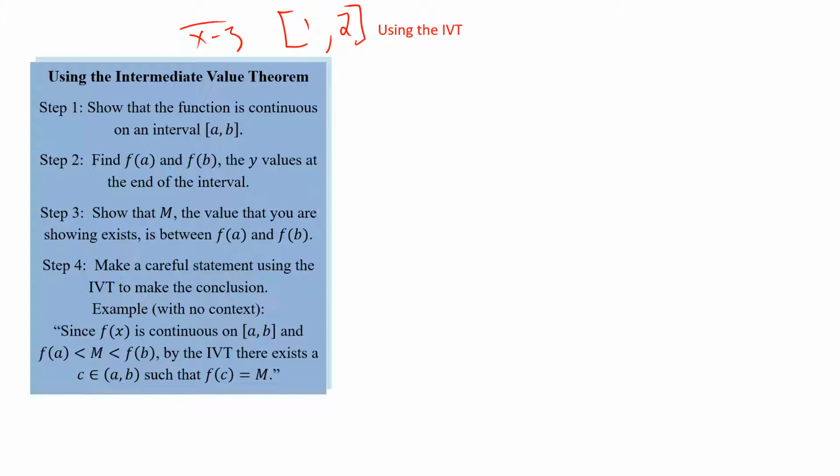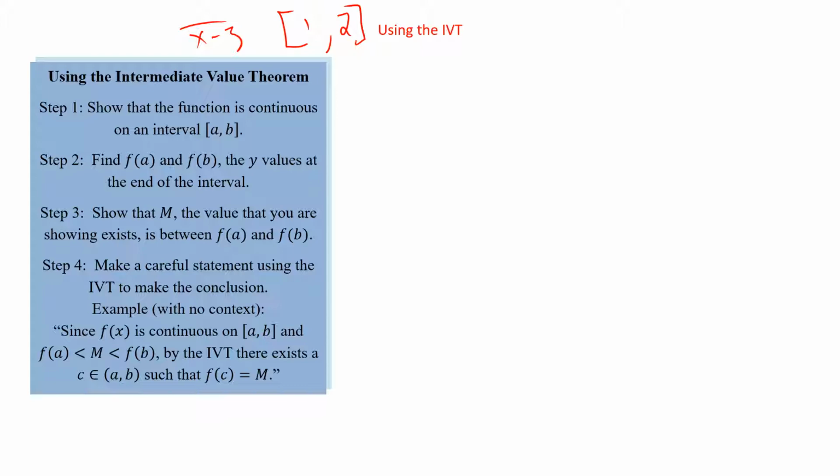So the statement would be: since f of x is continuous on the interval, or if it's just continuous, since f of x is continuous, and the m is in between the two values, by the intermediate value theorem, there exists a c in the interval such that f of c equals m.